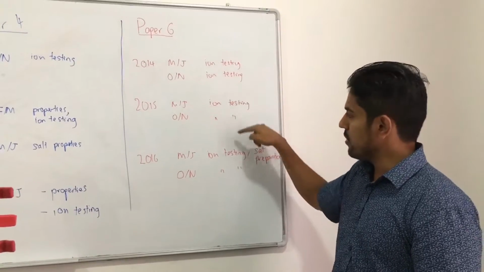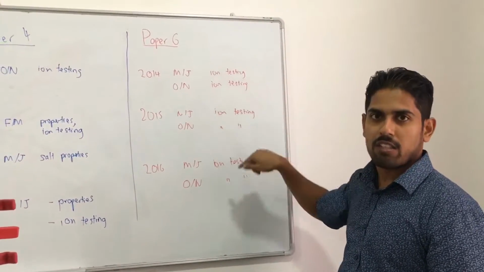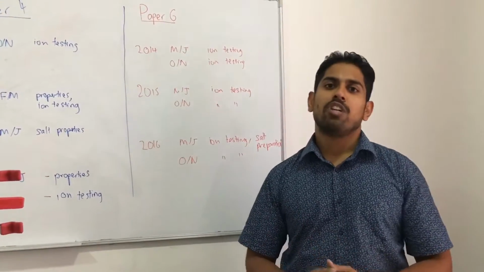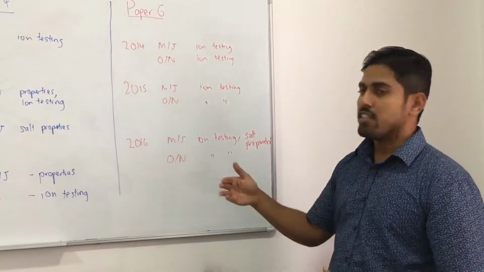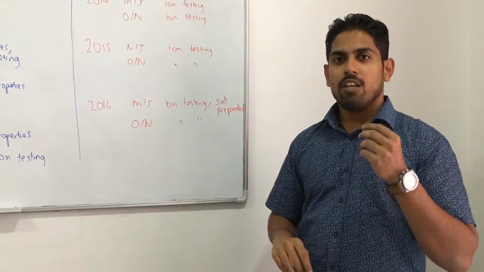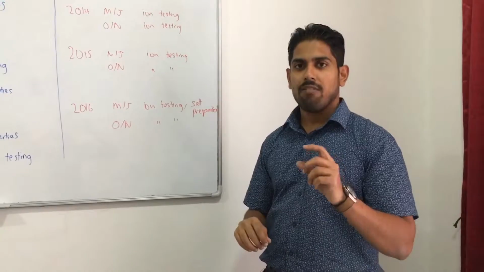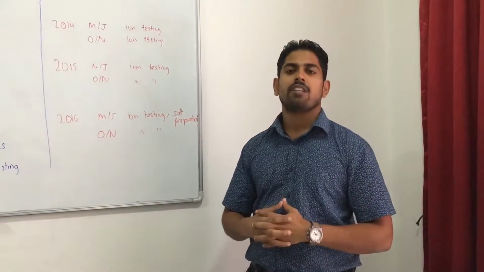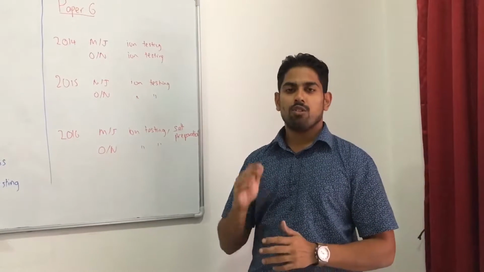You see 2014, 15, 16, everything, ion test. Meaning what happens to copper if you add ammonia to it, or if you add sodium hydroxide to it, the changes. So with a bit of practice, and if you have seen this analysis, you will know how the questions are being asked, and after you've done a few past year questions and after you have memorized the charts that we have attached with this video, the chapter on salts should be very easy for you.